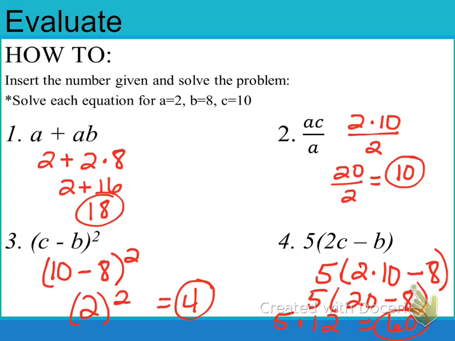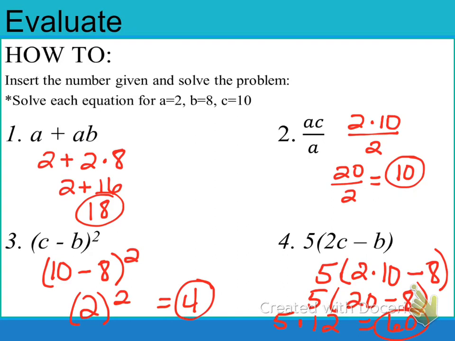Now listen, I know many of you just want to go straight to the answer. But I need for you to write this part out so you get used to it, because it's going to help you. For instance, does anybody see a way that we could have done a shortcut right here? What could we have done? Put 20 over 2. Well, besides that, though. Because first I wanted you to substitute them in, but this shows you something else, Declan.